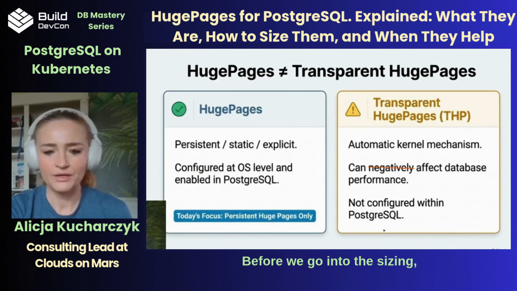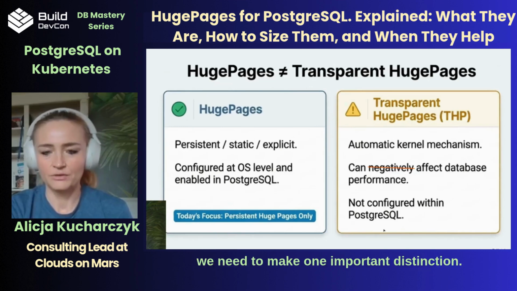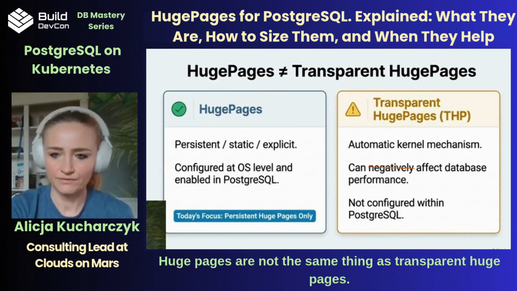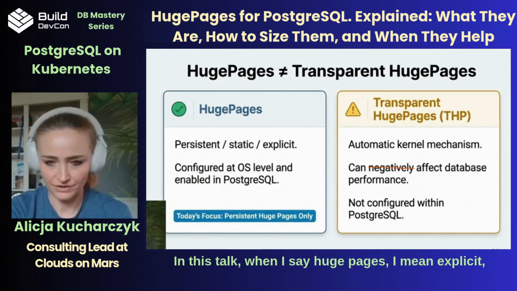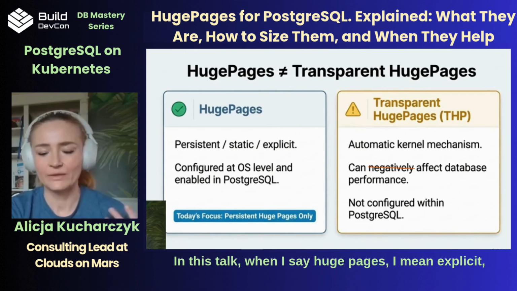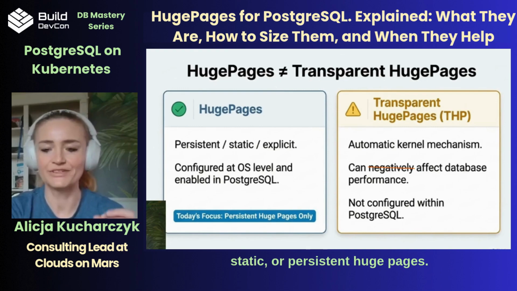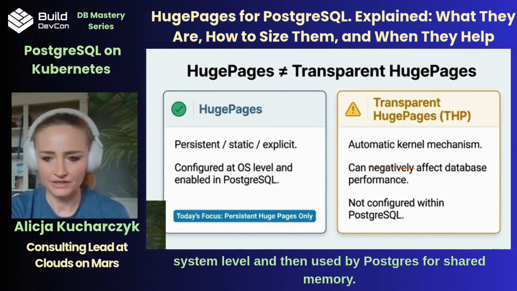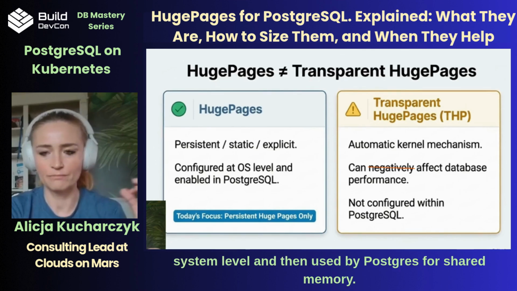Before we go into the sizing, we need to make one important distinction. HugePages are not the same thing as transparent HugePages. In this talk, when I say HugePages, I mean explicit, static, or persistent HugePages. These are configured at the operating system level and then used by Postgres for shared memory.